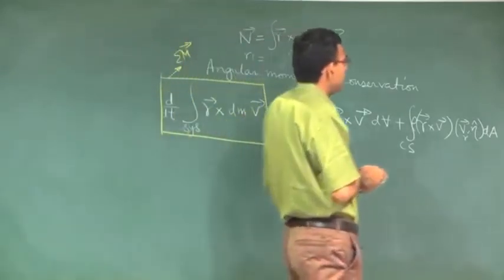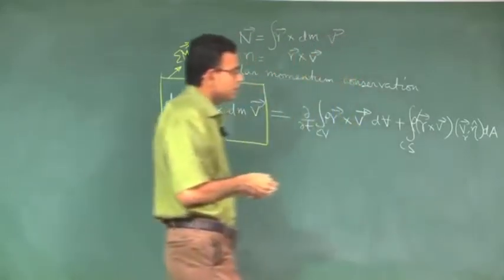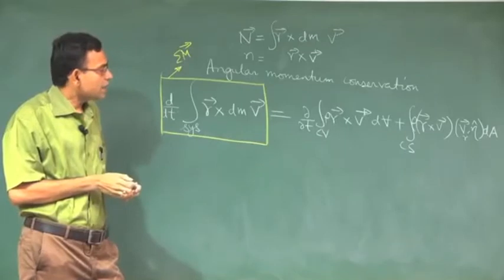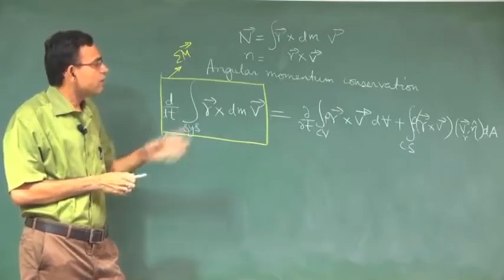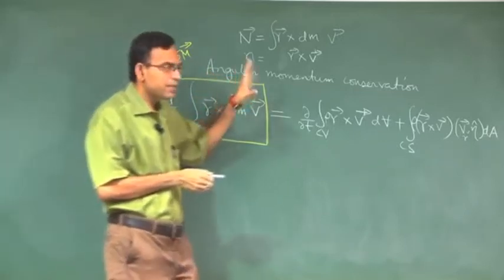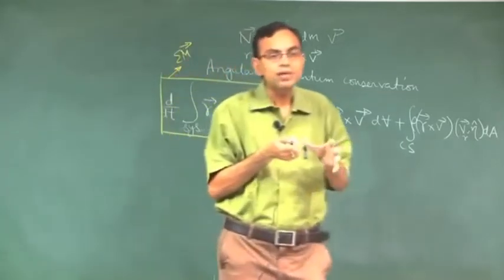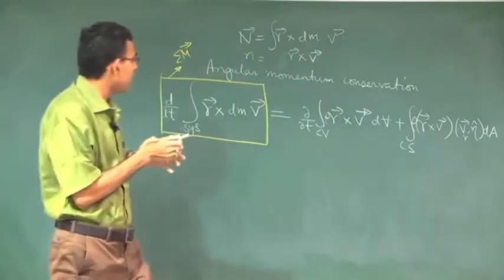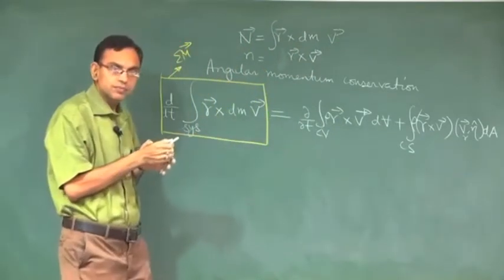So we will apply this for a problem where this particular form is applicable. Remember that this particular form is applicable if the control volume itself is not accelerating, otherwise there will be a correction term, right.